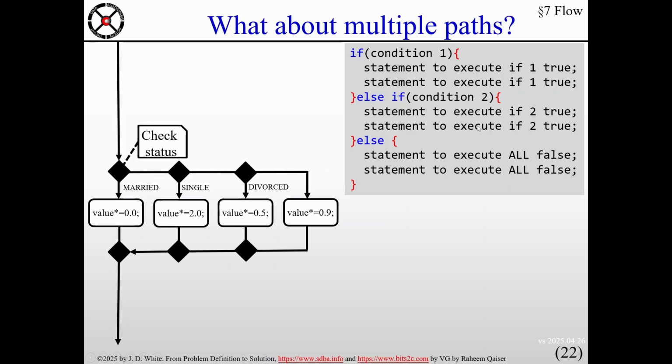Statement to execute if condition 1 is false and condition 2 is true. Else is a statement to execute if everything is false. So if everything comes out false, we execute the else statement. So that's how we will handle multiple paths.